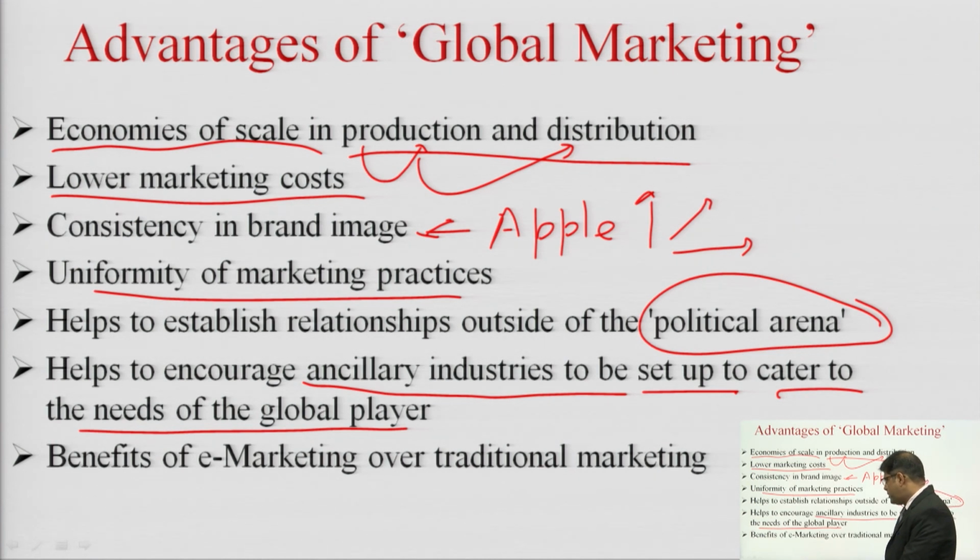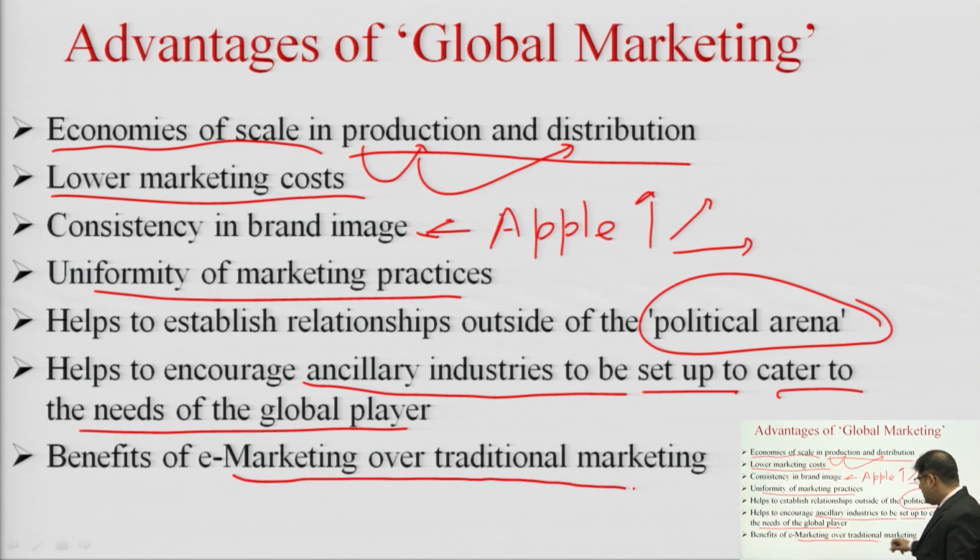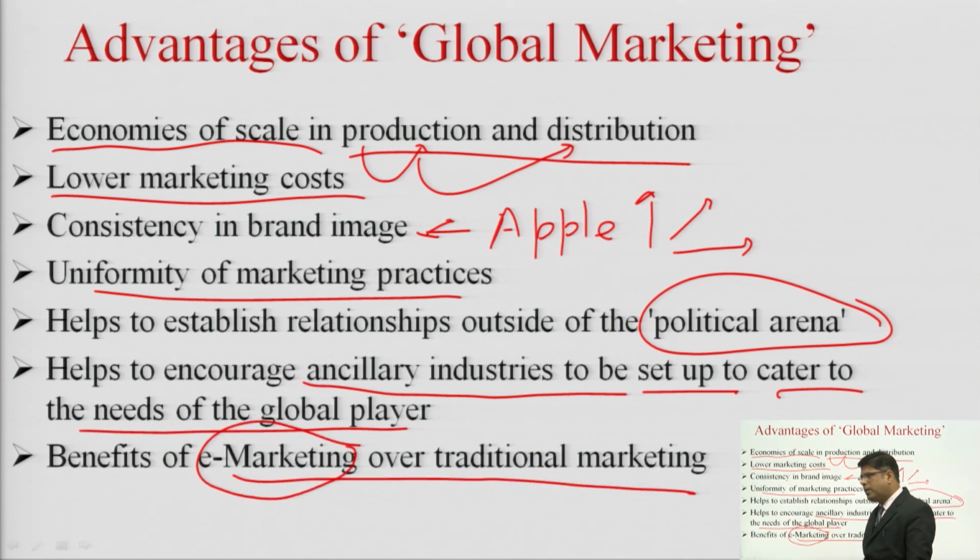The next benefit says that the benefits of e-marketing over traditional marketing. So, e-marketing, as we know, is the marketing which is done through the internet, and 10 or 15 years back, the products which were outside the ambit of online marketing have now come under the purview of online marketing, and online marketing is relatively cost effective, as well as even the smaller companies can think about reaching the global market through e-marketing, because it is not possible for the smaller companies to invest in physical assets in foreign lands.